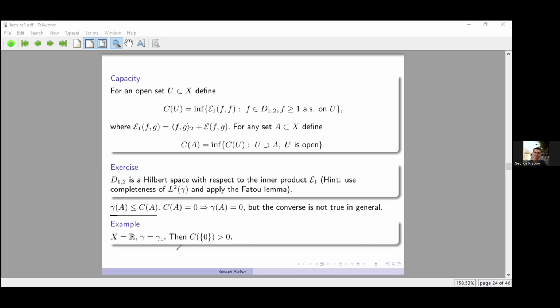And we had an example that in the one-dimensional case, the capacity of a point is not 0. So the notion of a capacity allows us to look at finer properties of sets than the measure.